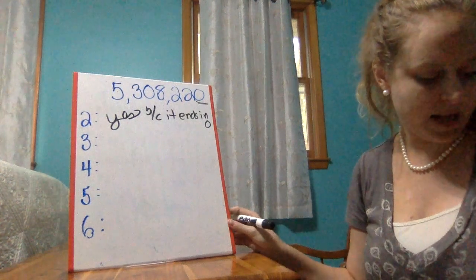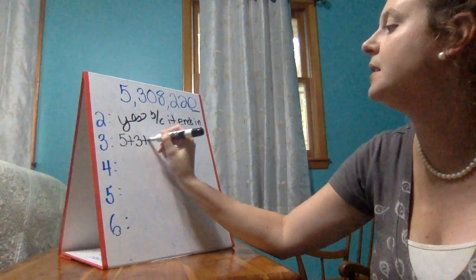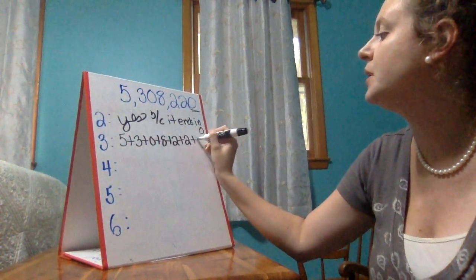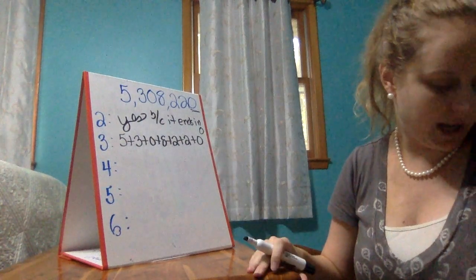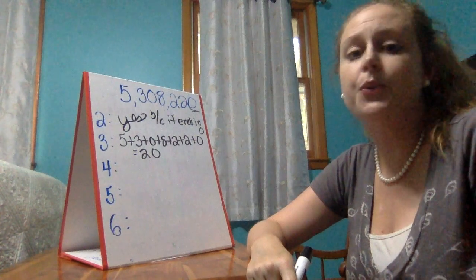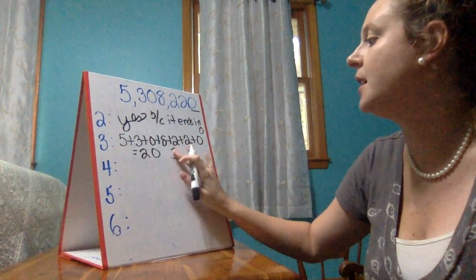For 3, I'm going to add up all the digits. So 5 plus 3 plus 0 plus 8 plus 2 plus 2 plus 0. So I'm going to add them all up, and that gives me a sum of 20. 3 doesn't divide 20. So 3 does not work.